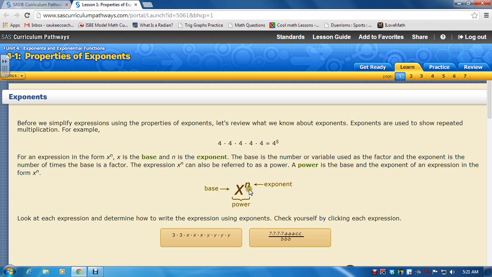And what will tell us how many times we do that here is, of course, our exponent up here. Now, those two as a whole are what we refer to as the power. Okay, so the base and the exponent of that expression is called the power, and they go together.